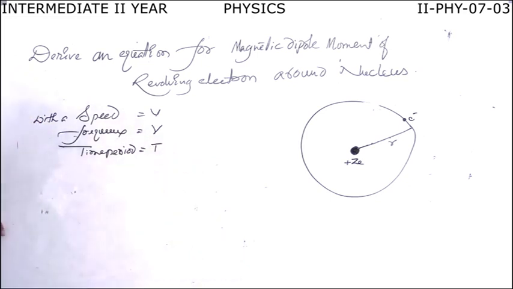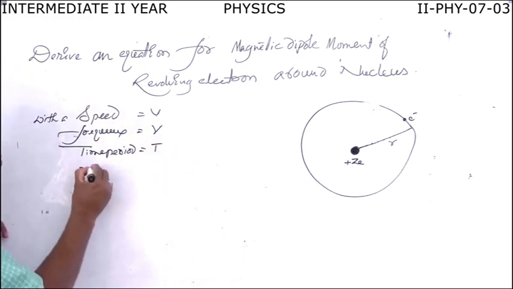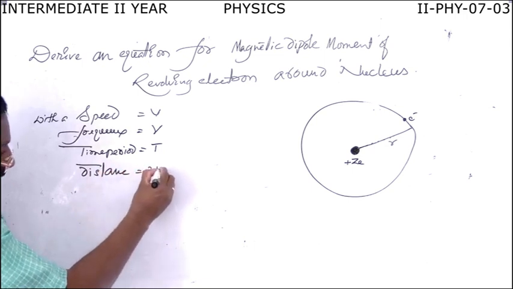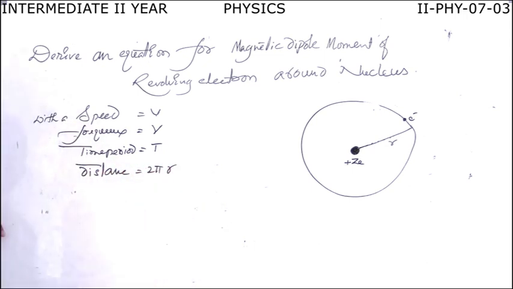In each revolution, the distance covered by the electron is 2 pi r.